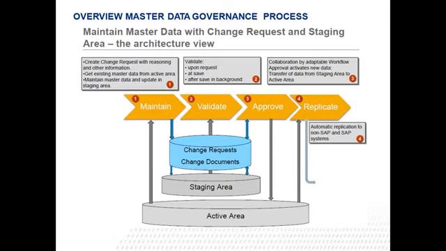I mean, the connectivity between database and UI happens in this way. During our approval stage, we keep our record in the staging area. Once the record gets approved, I update the record in the active area with the new information, and then I replicate it to the downstream systems.